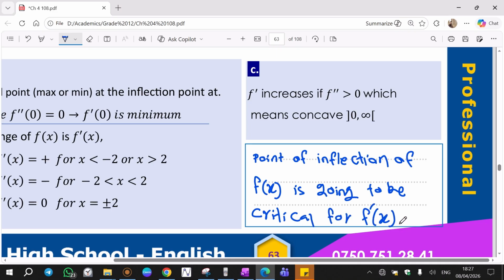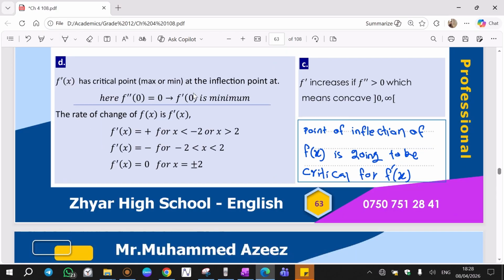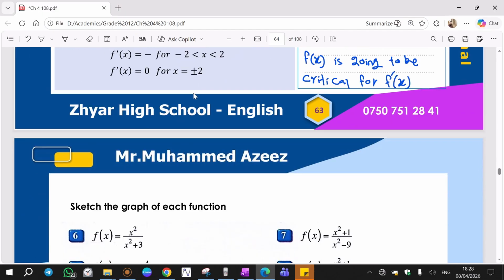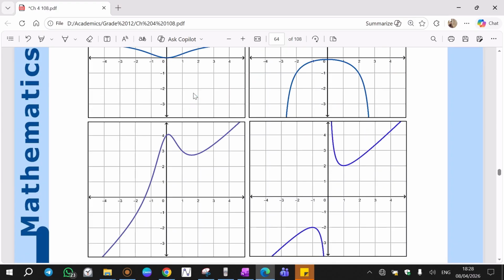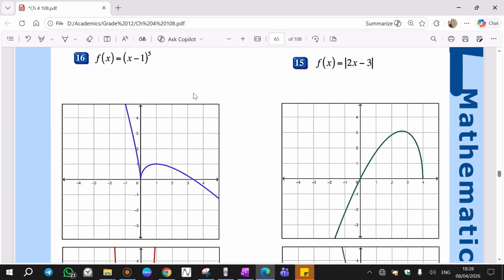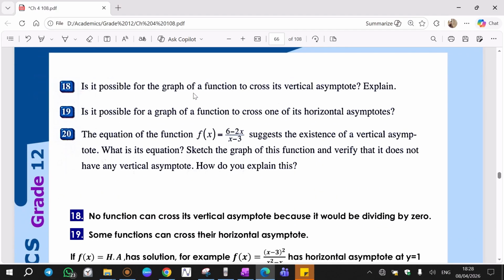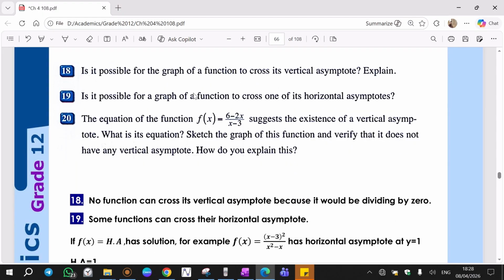Simply, point of inflection on the graph of f is going to be either maximum or minimum for f prime. That's a great note. These are also point plotting, all easy stuff. Point plotting, by only plotting the points, you can find which point is the right one.